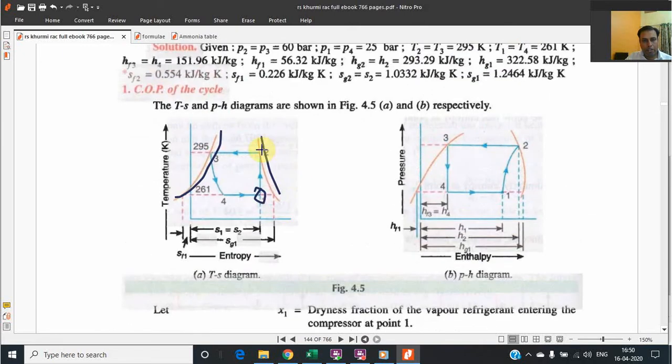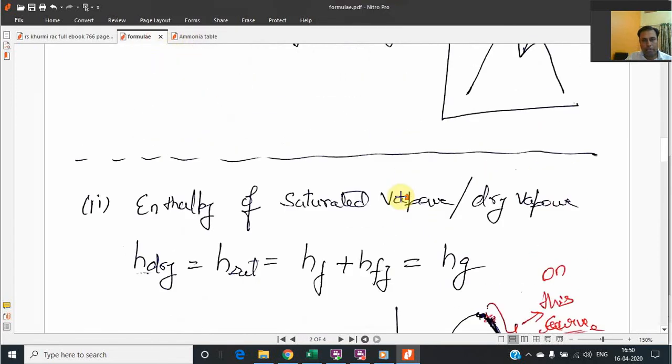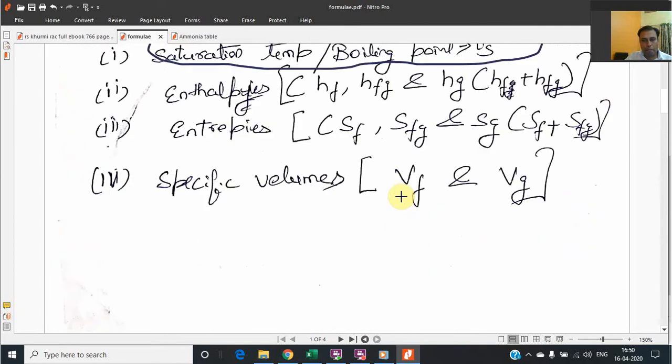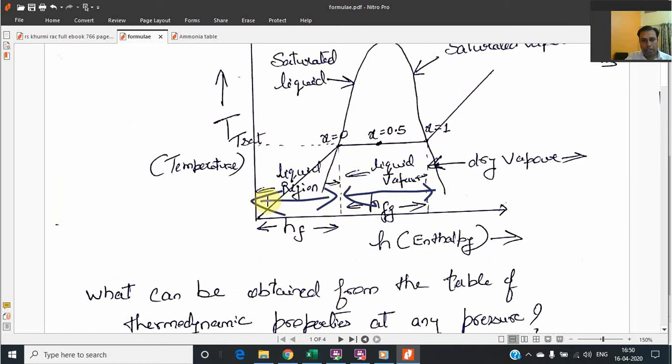And if the point is directly on the curve itself, then you will add both the lengths, means HF plus complete HFG, or write directly HG, because we know that the addition of the two is HG.